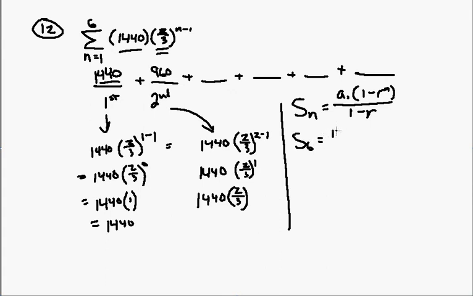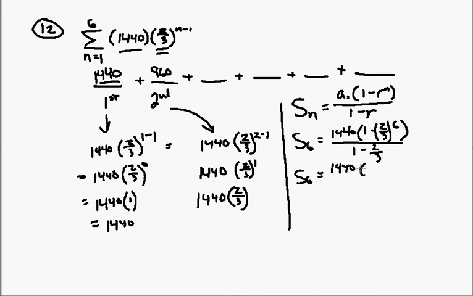The value of our first term is 1,440, times 1 minus 2/3 raised to the 6th power, over 1 minus 2/3. So here we go, S sub 6.